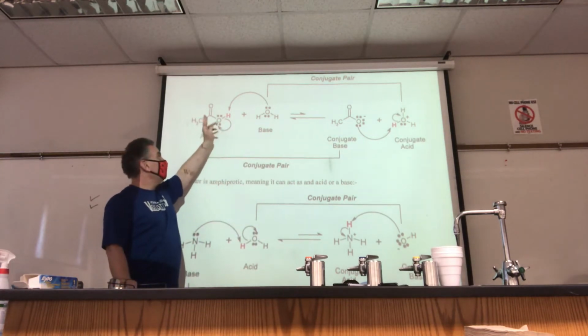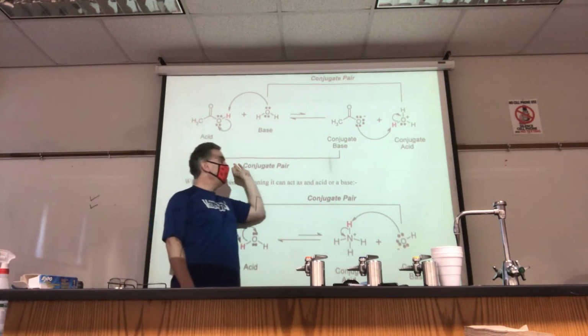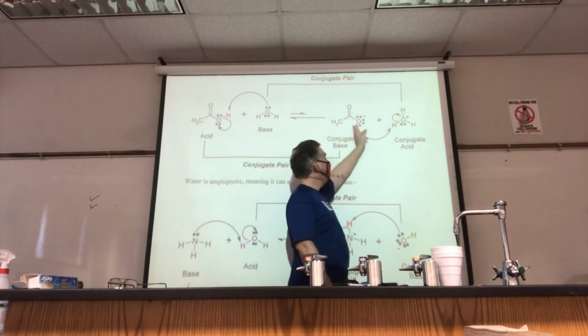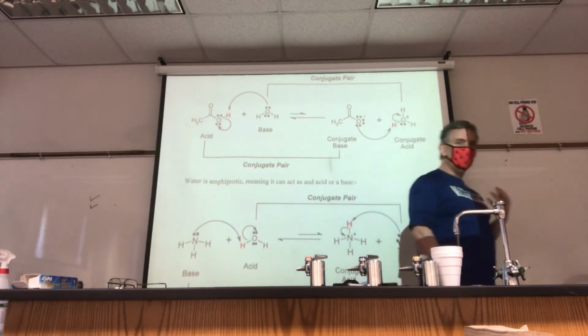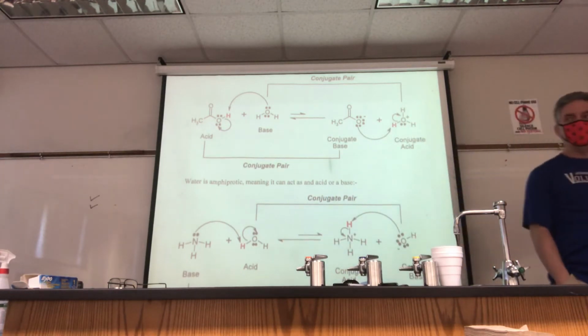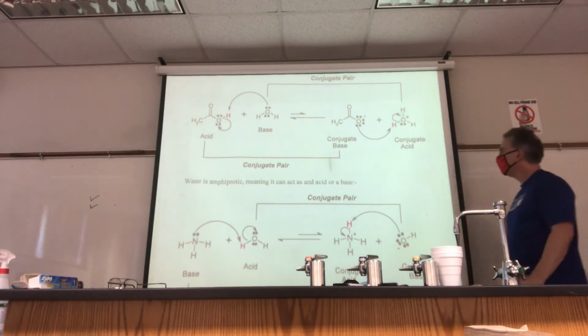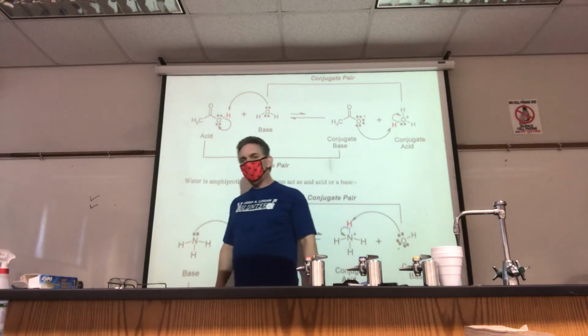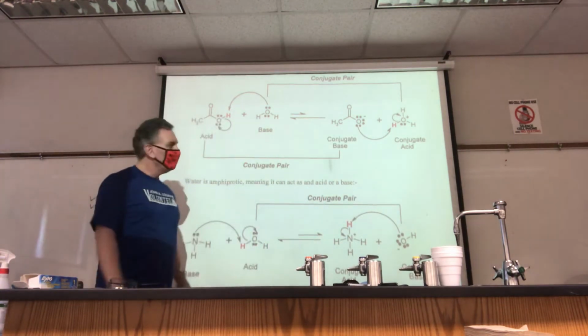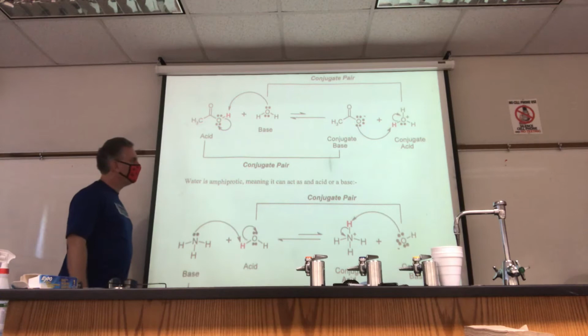The chemical giving away the proton is the acid of the pair. The chemical picking up the proton is the base of the pair. Conjugate pairs are always made up of an acid and a base. And of course, one of these two reactions is probably favoured by the position of equilibrium, the stronger reaction.